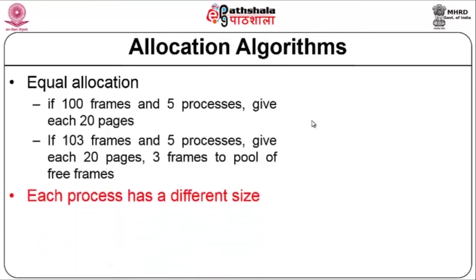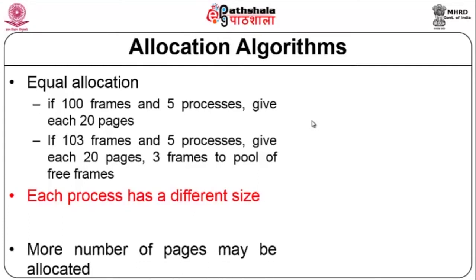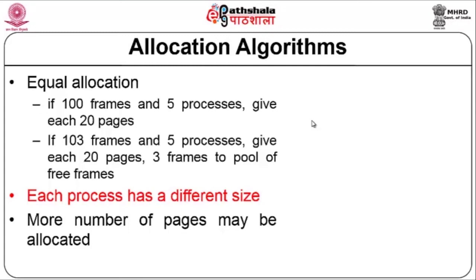And this is equal allocation, but the problem here is that each process can have a different size. That is, all processes need not have the same size. Then in that case, how do you allocate? There is no point in equally allocating the frames among all the processes when they have different sizes.